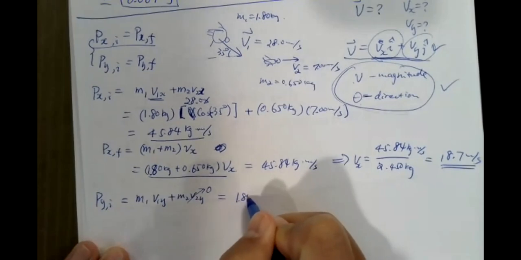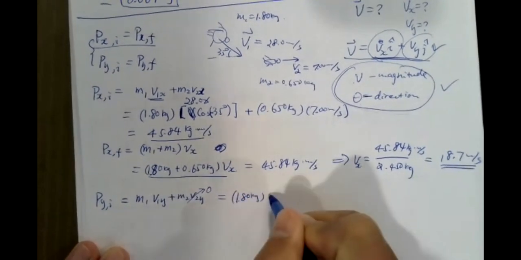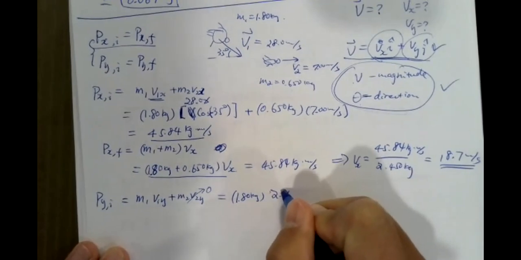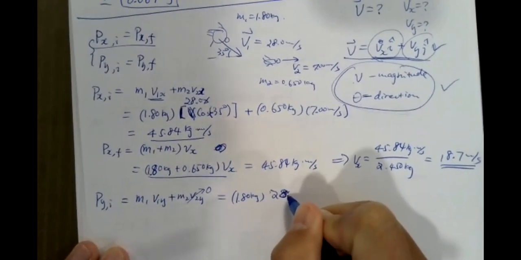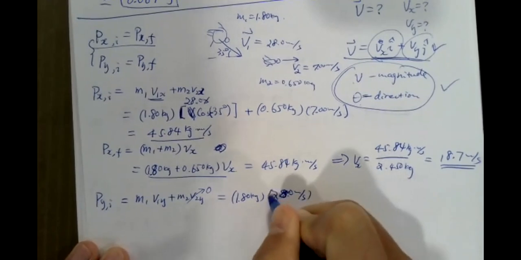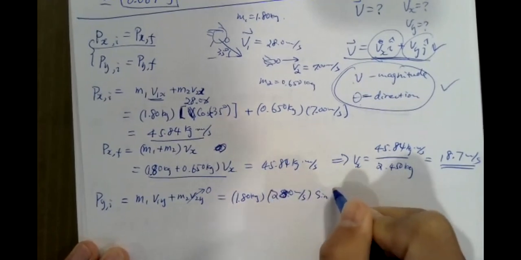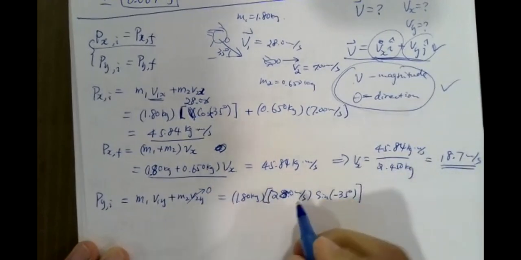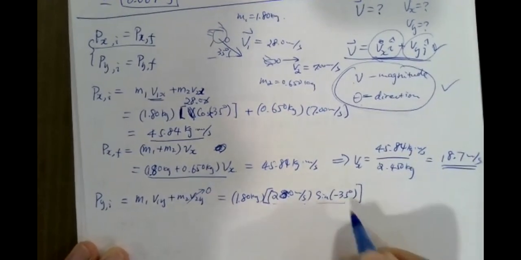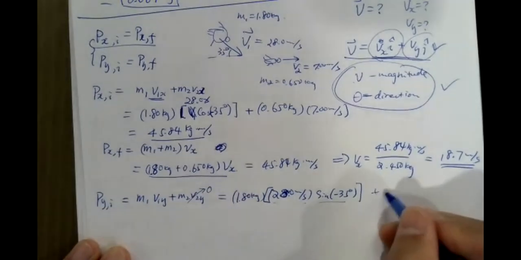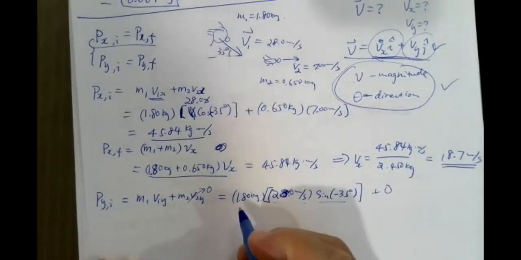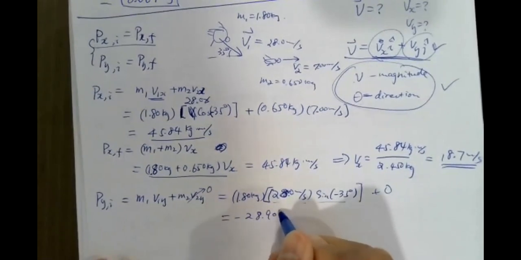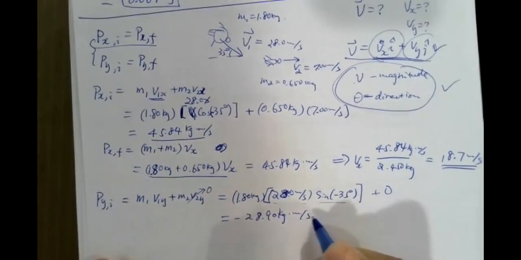So this is 1.80 kilograms times v1y, using the magnitude 28.0 meters per second times sine of minus 35, so v1 sine theta, plus 0. This would be negative 28.90 kilogram meters per second.